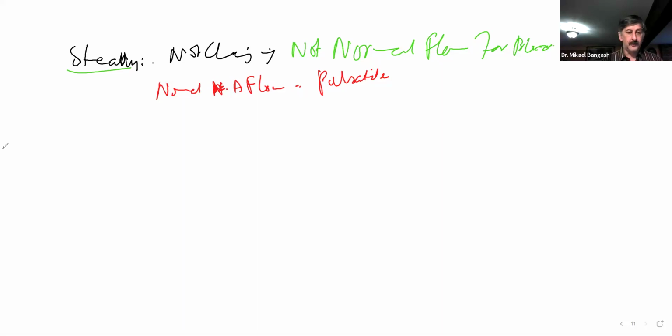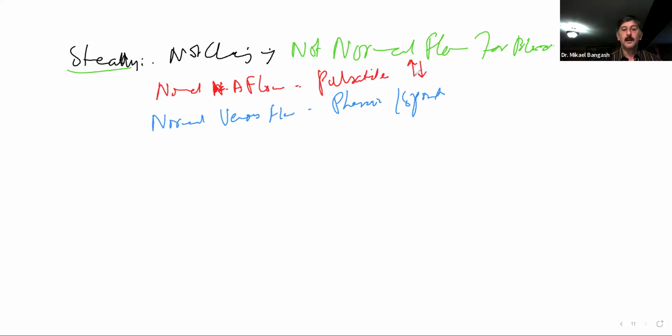The normal flow in veins was what we call phasic, or spontaneous. But what we mainly could say is that in both of these, it will go up and down.